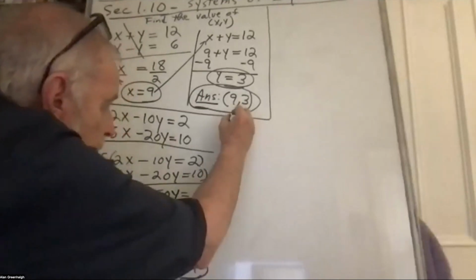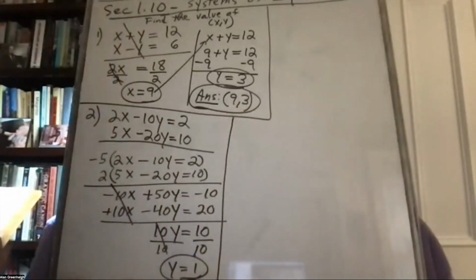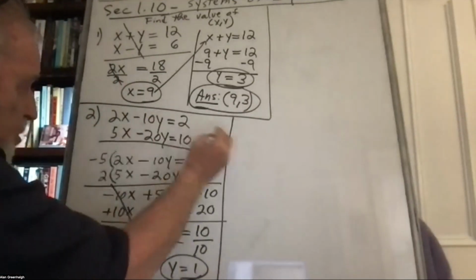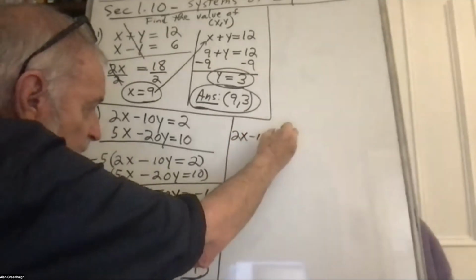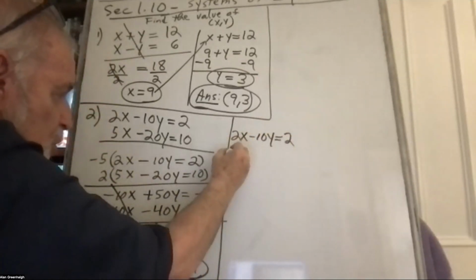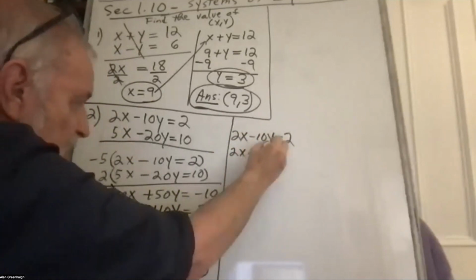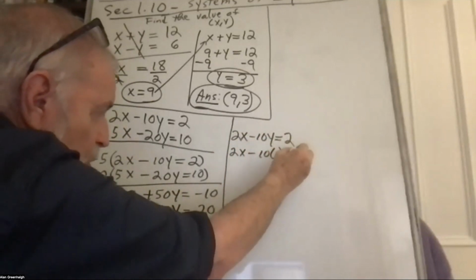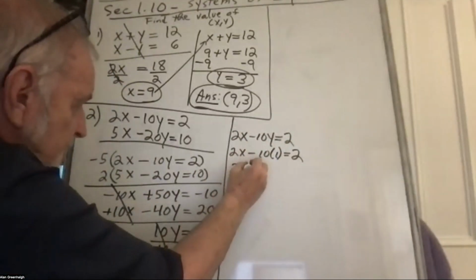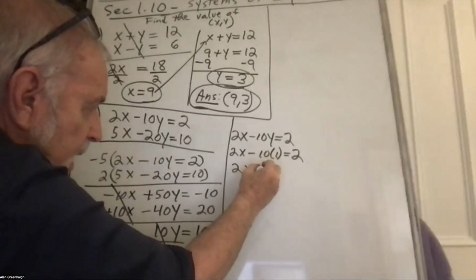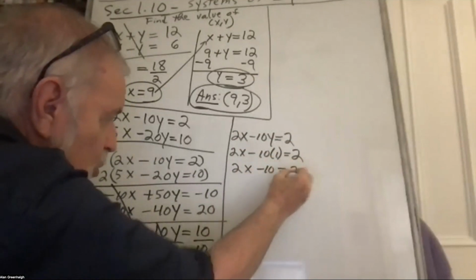And now you have to go back to one of the two equations. Does it matter which one we go back to? No, it doesn't matter. So I'm just taking the first one, 2x minus 10y equals 2. 2x minus 10 times 1 equals 2. 2x minus 10 equals 2.